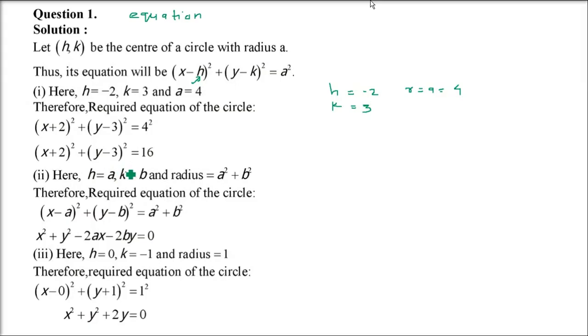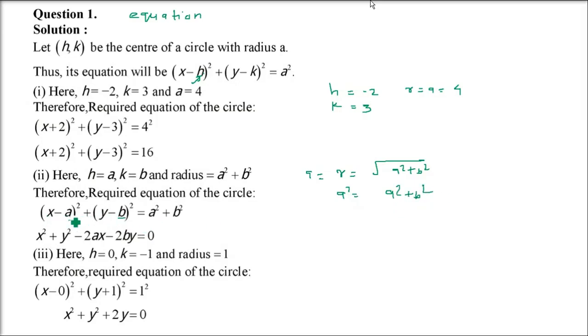Then the second one: the center is (a, b) and the radius is given as under root a square plus b square. Same formula you have to keep in mind. In place of h put a, in place of k put b, and r square is a square plus b square.